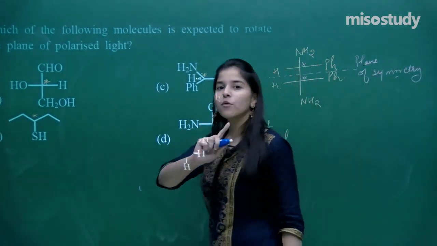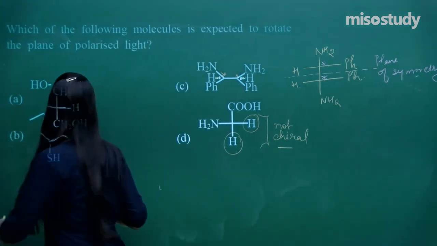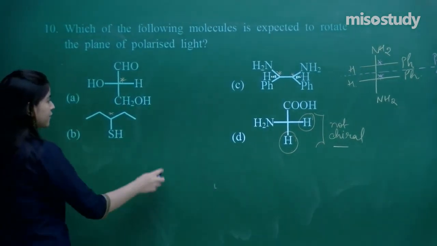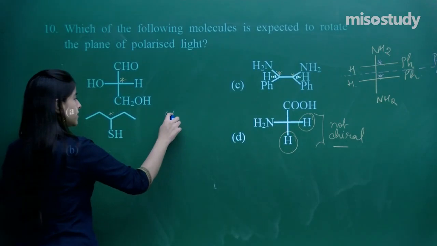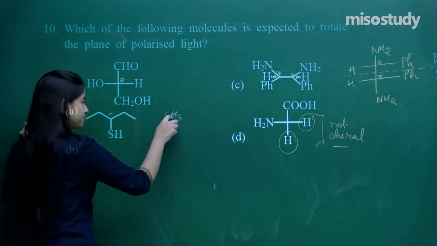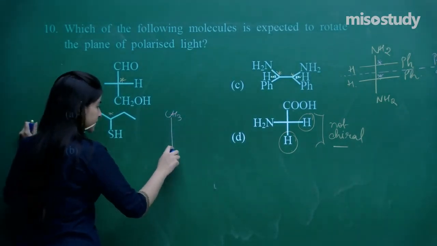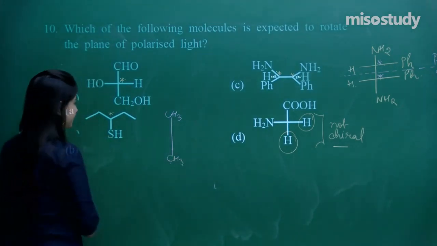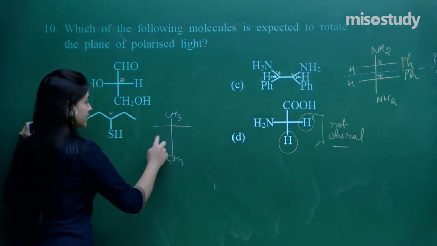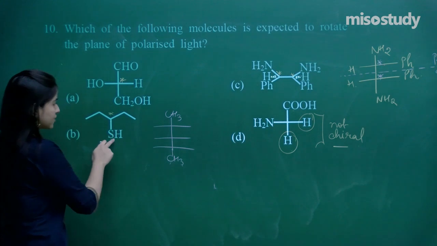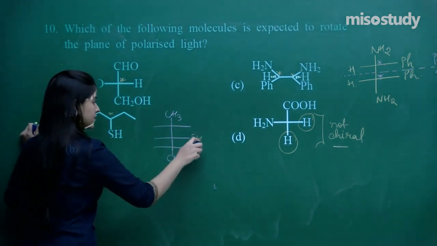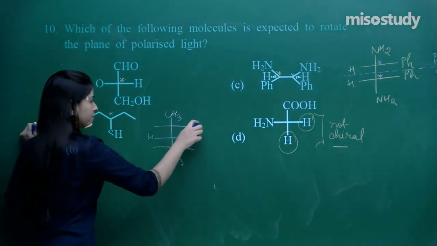Also, if you observe in the B part, so there is the B part. If I try to have a structure for it, CH3, there is also CH3, and what do I have? SH in the middle, SH.